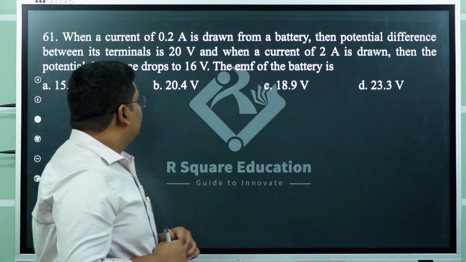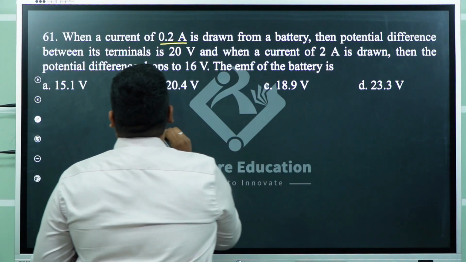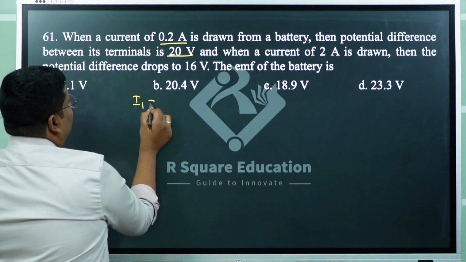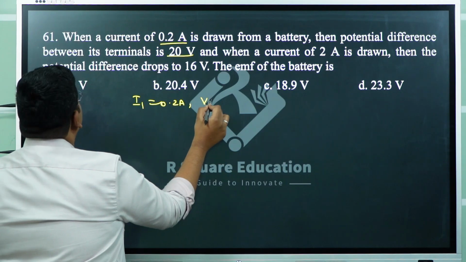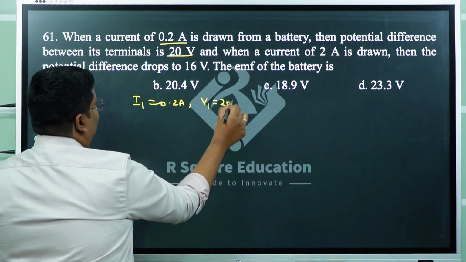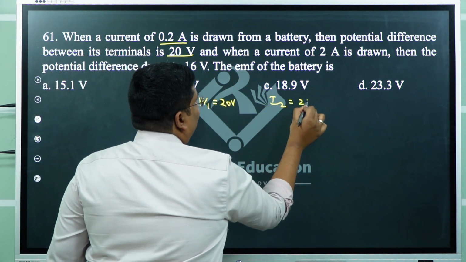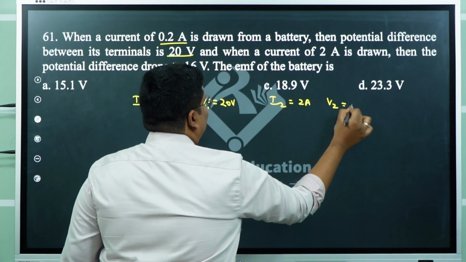See this question. When a current of 0.2 amperes is drawn from a battery, the potential difference between its terminals is 20 volt. So let I1 be 0.2 amperes, and the potential difference between the terminals is 20 volt. When a current of 2 amperes is drawn, which means I2 is equal to 2 amperes, the potential difference drops to 16 volt. So V2 is going to be 16 volt.